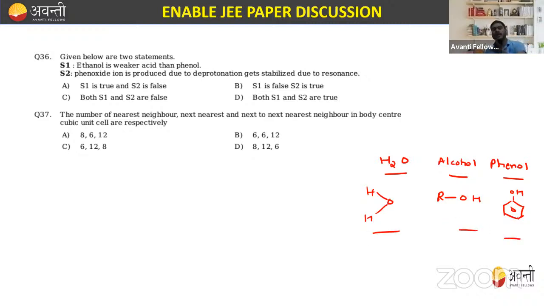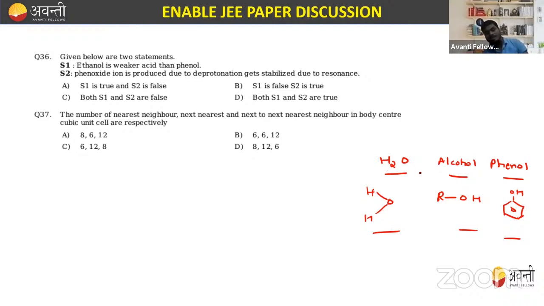Acidic means which of these three releases H plus easily. The one which releases H plus easily is definitely a good acid.